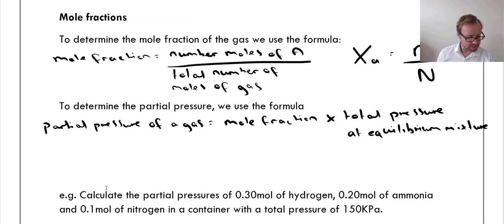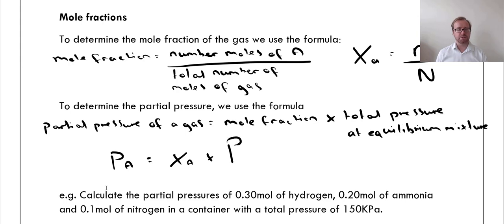If I write this down, I would write it as PA, my partial pressure of A, equals the mole fraction of A times the total pressure.